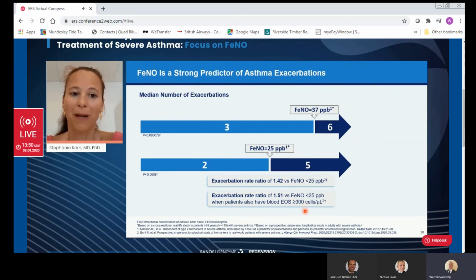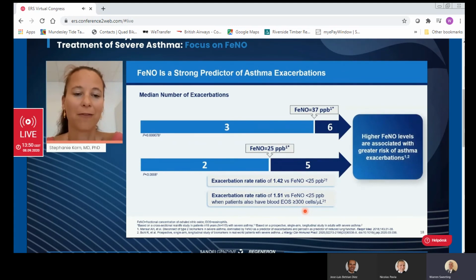So from my experience using FeNO for patients, especially very severe patients, helps you to identify patients that are at risk for exacerbations. So higher FeNO levels are associated with a greater risk of asthma exacerbations.